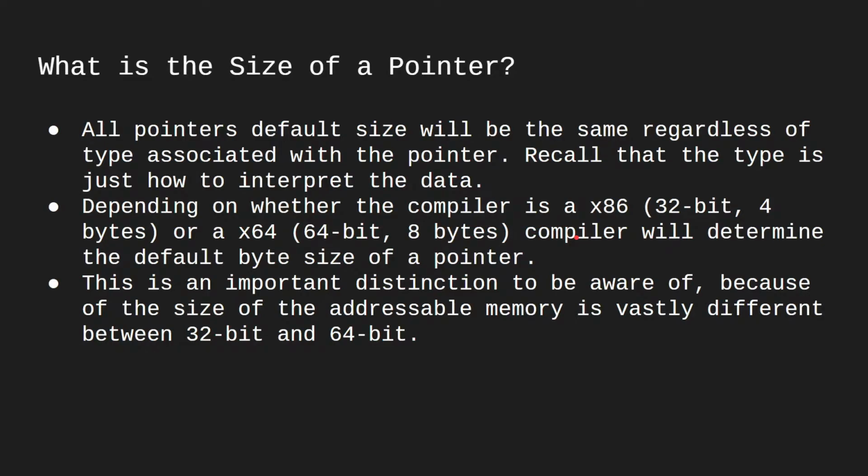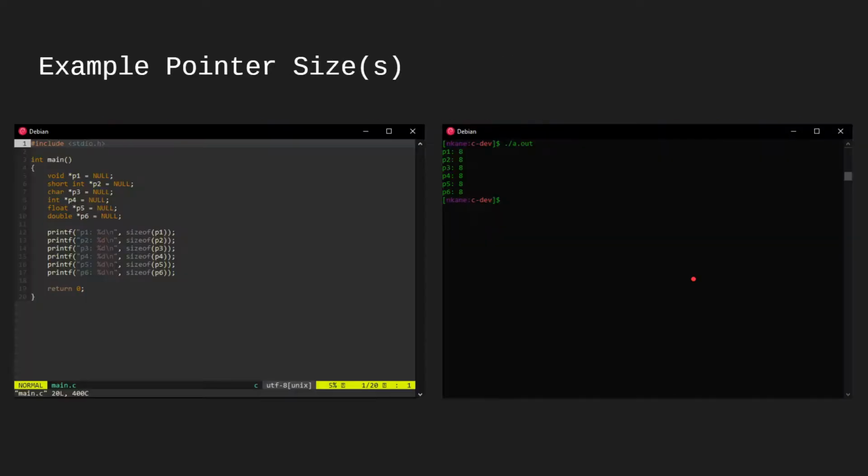But basically, it's just how much memory can your particular platform actually address. So this is an important distinction to be aware of, because the size of addressable memory is vastly different between 32-bit and 64. So if you ever have a question about it, it's really simple to just write a quick program to figure out what your pointer size is.